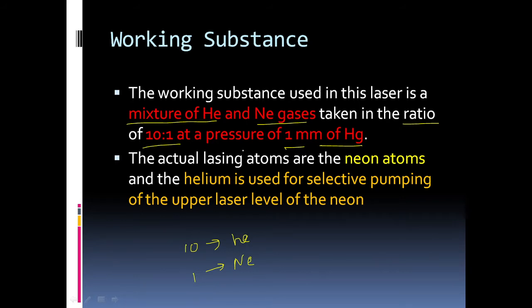Actually, the lasing atoms used in the helium neon laser are neon atoms, and helium atoms are used to excite the neon atoms from the lower energy level to the upper energy level.